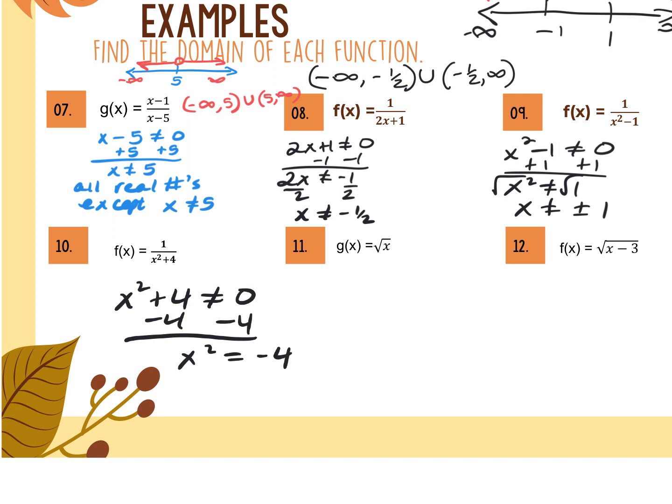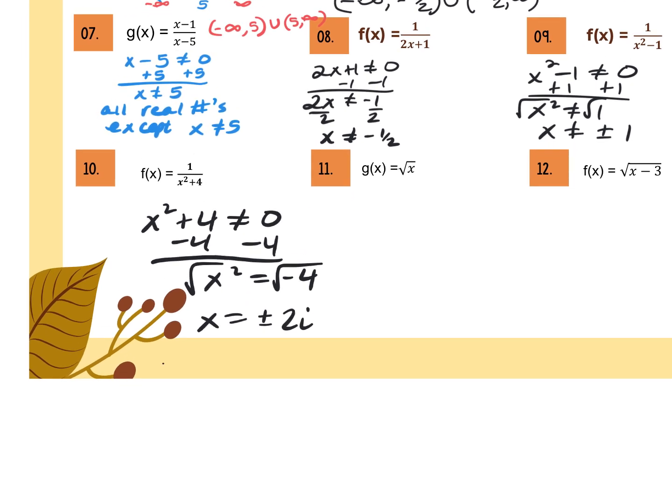I can't factor that because remember there is no way to factor the sum of two squares. But when I go to solve this, this is imaginary. I only want to exclude real numbers. So because this gives me plus and minus 2i, I'm not excluding imaginary. So this one is all real numbers. So there are no real numbers to exclude.